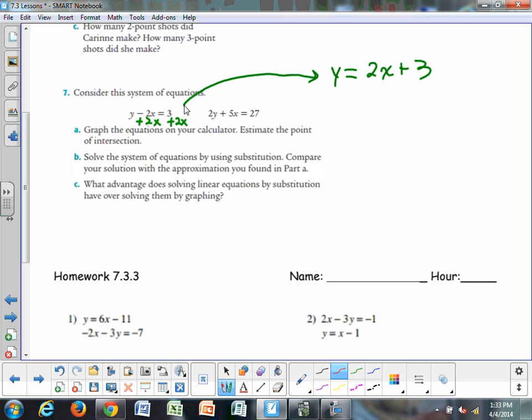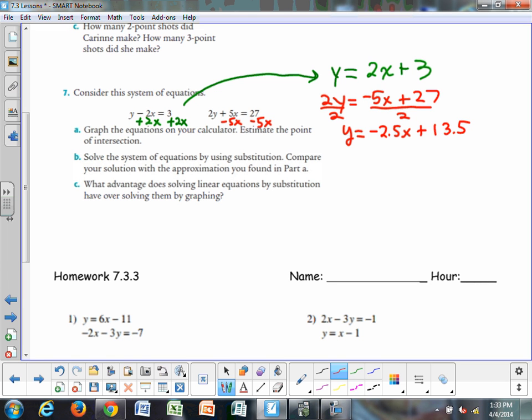And to solve the other one for y, I need to subtract 5x from both sides. And that gives me 2y is equal to negative 5x plus 27. And dividing by 2, I get y is equal to negative 2.5x plus 13.5. All right?